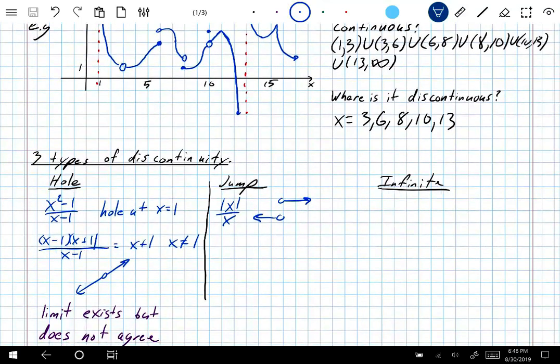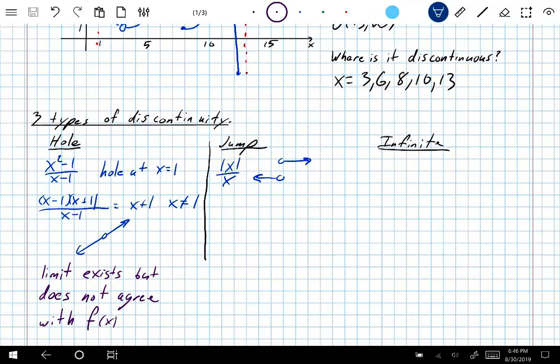What is the actual definition of a jump discontinuity? Well, this is the case if the left and right limits are finite, so no asymptotes, but don't agree.